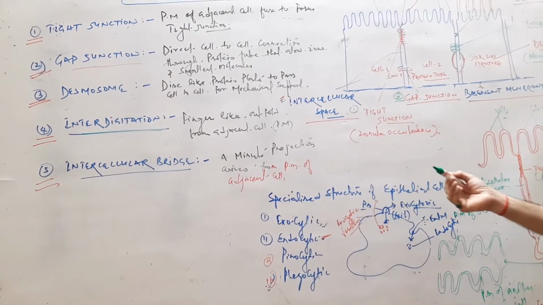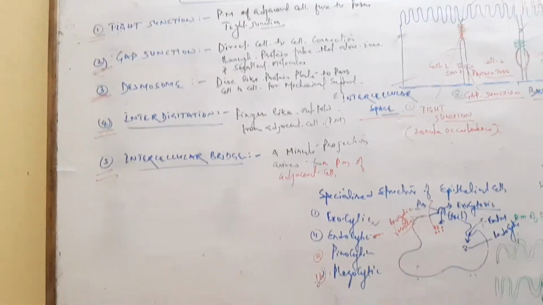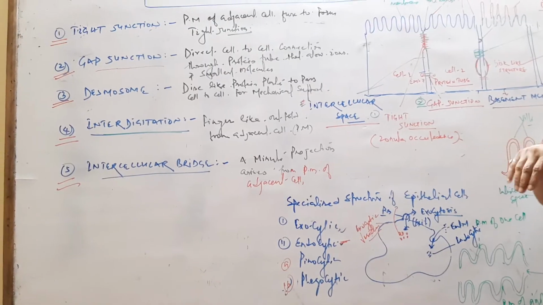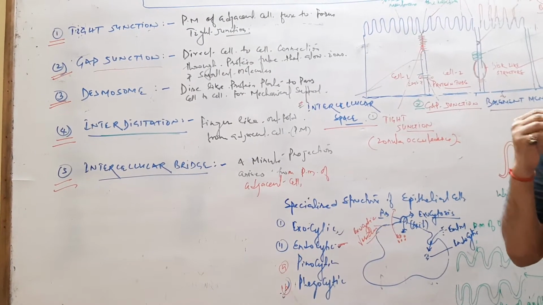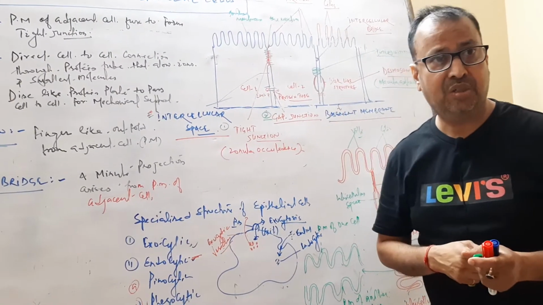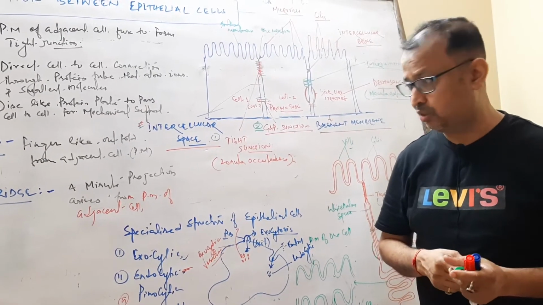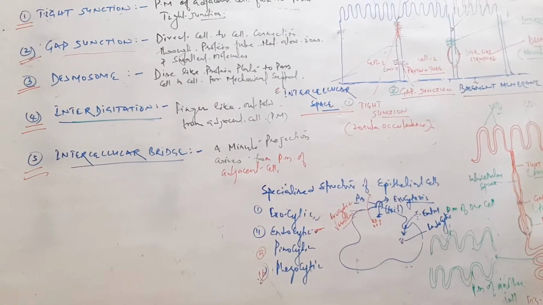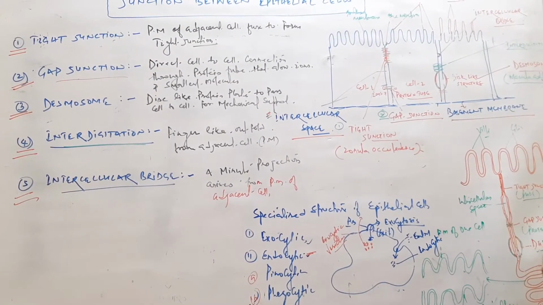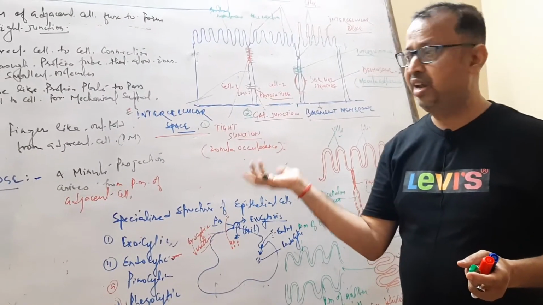Another is the specialized structure of epithelial cells for specialized function. One is exocytosis. Exocytosis is a process where the plasma membrane of the cell changes its configuration to expel a substance outside. This is called exocytic nature, and the process is called exocytosis. Another one is endocytosis, which is the intake of substances or any kinds of microbes.